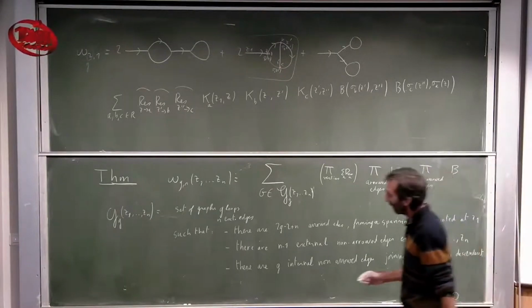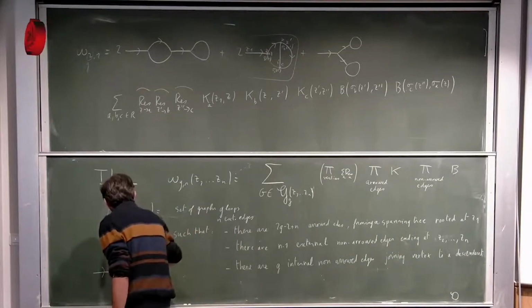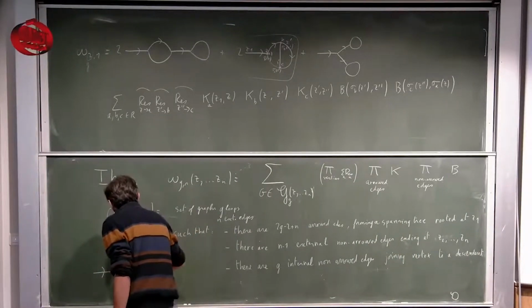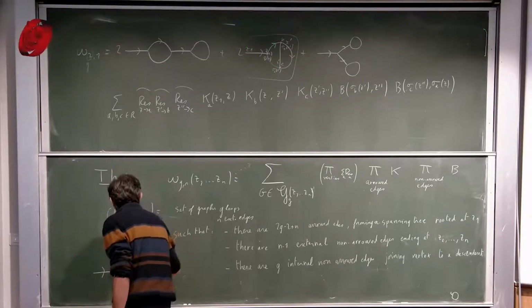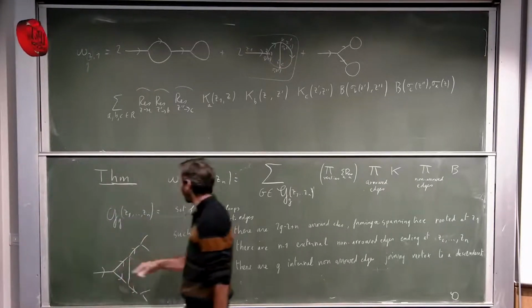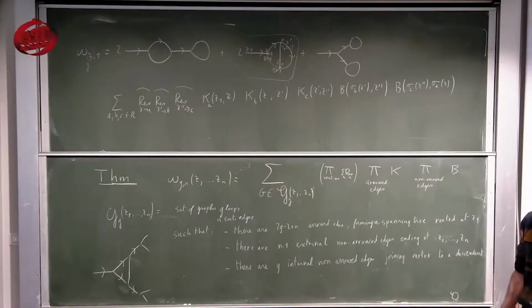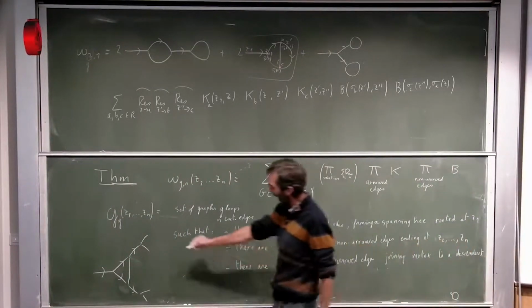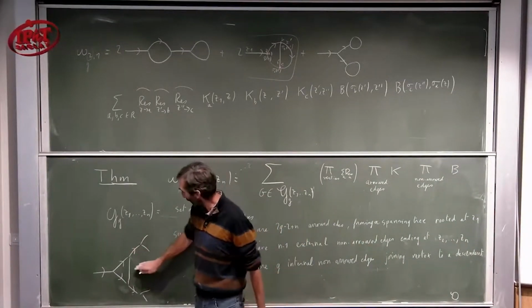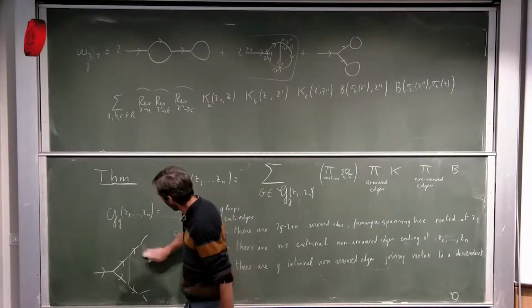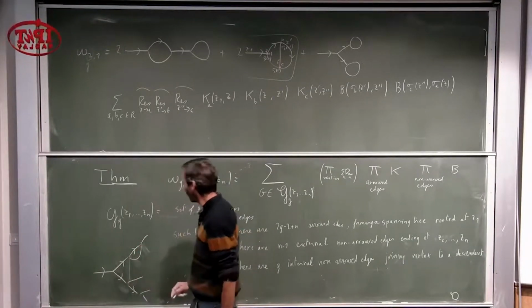So, for example, this graph will be forbidden. This graph is forbidden. It never appears. You cannot have a non-arrowed edge going from one branch to another branch. It must do, for example, that.